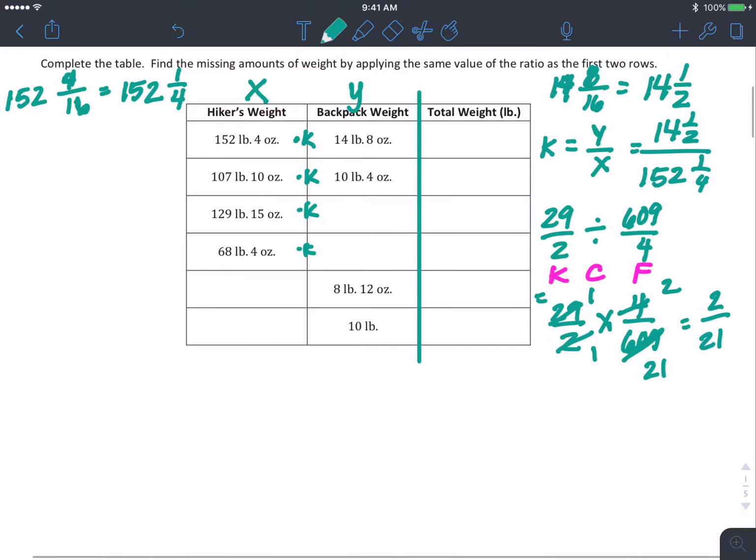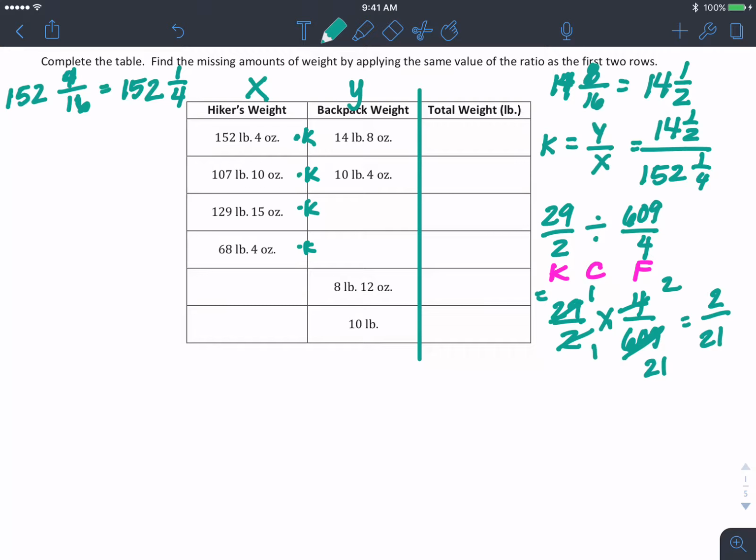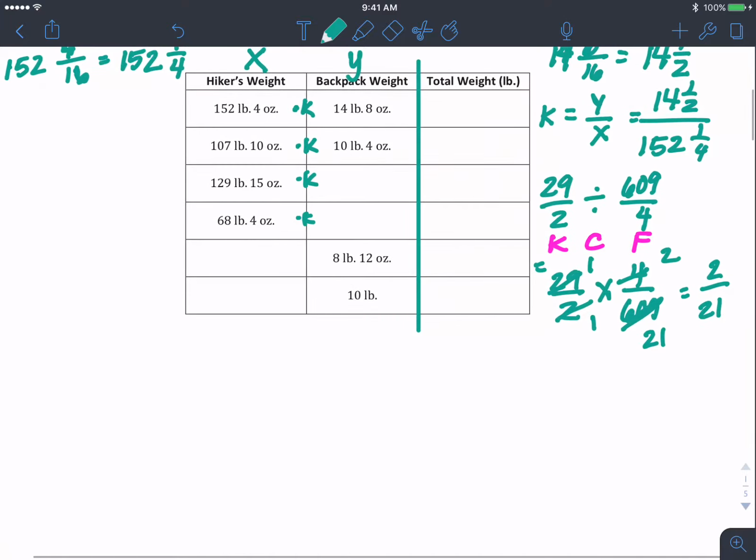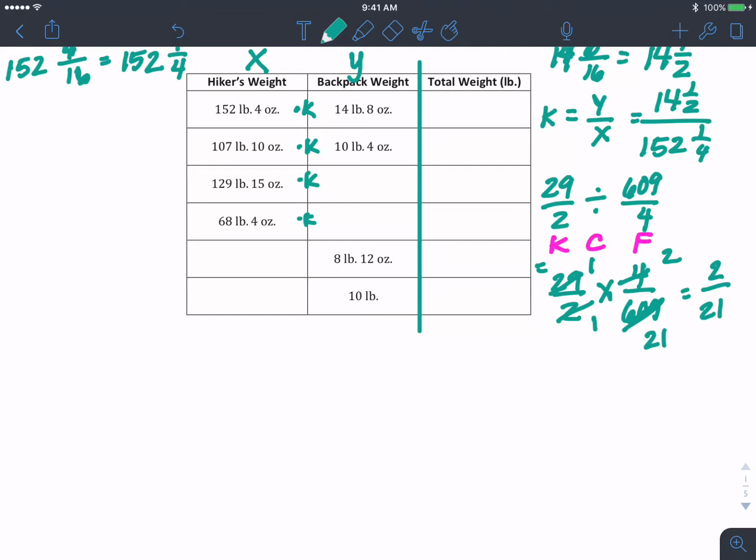All right, so let's see if that is a constant with the other one. In our problem, it tells us that it is, but we need to double check just to be sure. So let's double check underneath here, with our 107 and 10 ounces over 16, which is going to turn into 107 and 5 over 8.